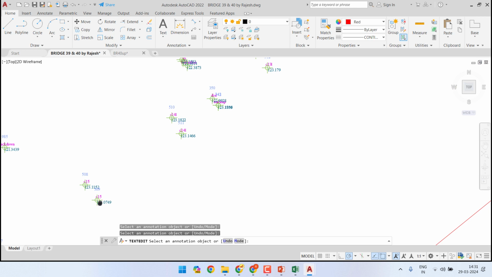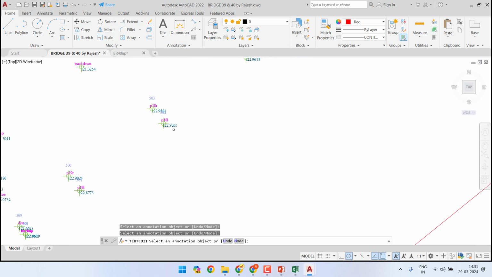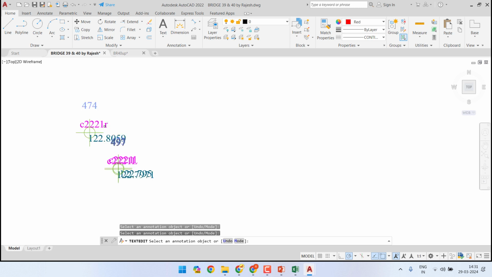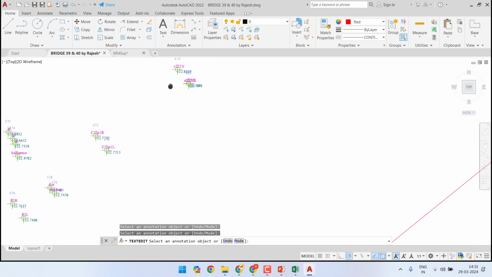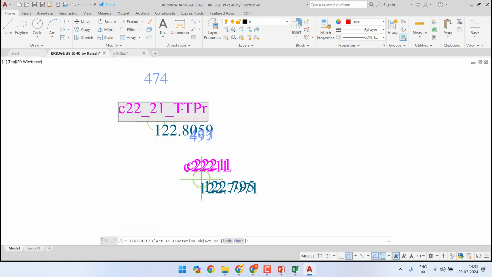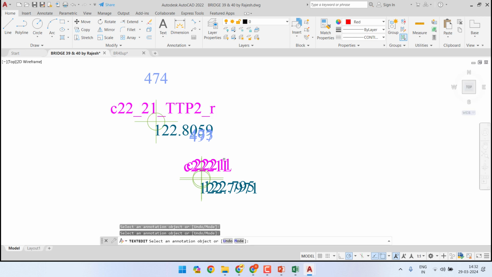station number 12, station number 15, 16, 17, 18, 19, 20, and this is the 21. So this is 21, this is the TTP2 actually. So curve number 22 underscore station number 21 underscore, this is TTP2 underscore R, and this one is, we have two readings here, so we will use one of them.